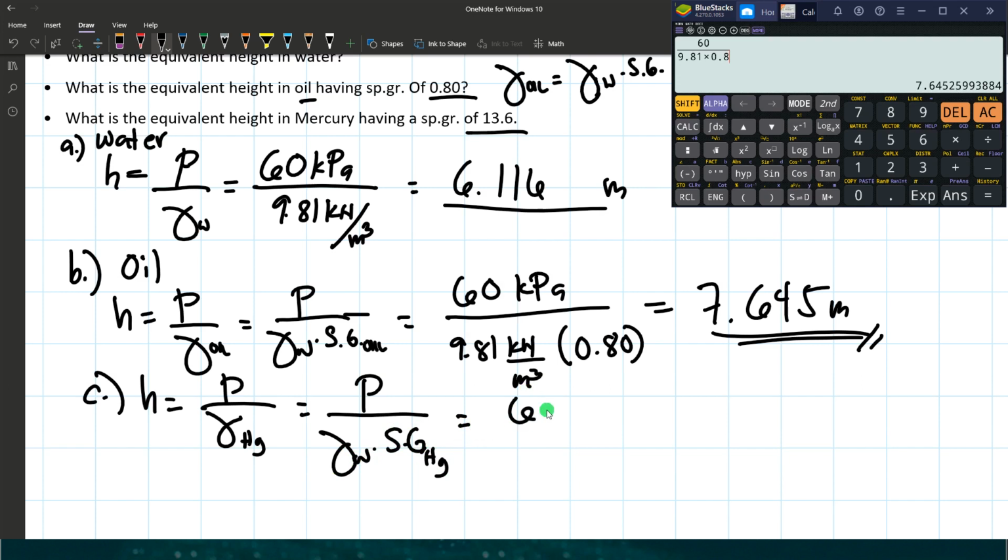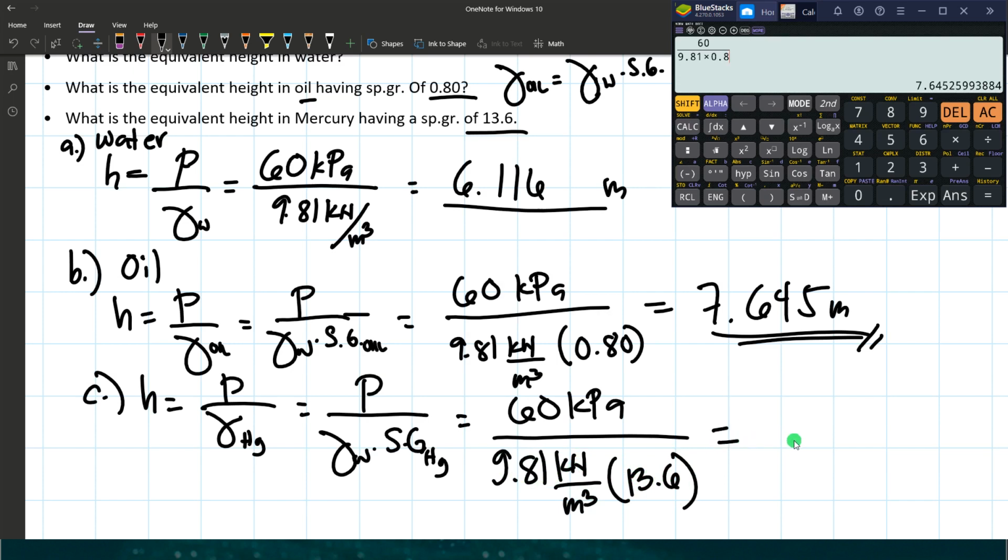So we have here 60 kilopascal over 9.81 kilonewtons per cubic meter times 13.6. So the pressure head for mercury is just 0.4497 or 0.45 meters.